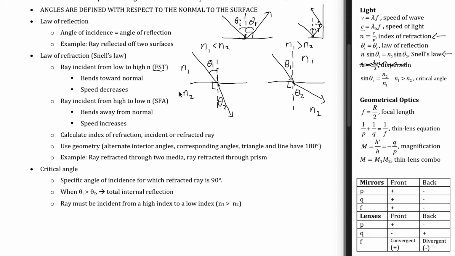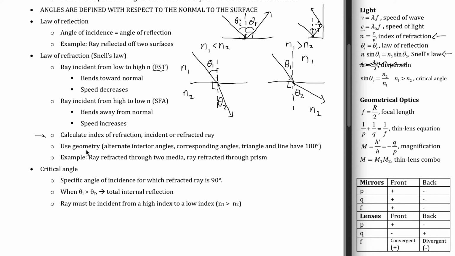We've got 4 variables here. So if we have 3 out of those 4, then we can use Snell's law to find the missing one. So that's what this bullet here is talking about, that you can calculate either of the n values or the angle of incidence or the angle of refraction using Snell's law.